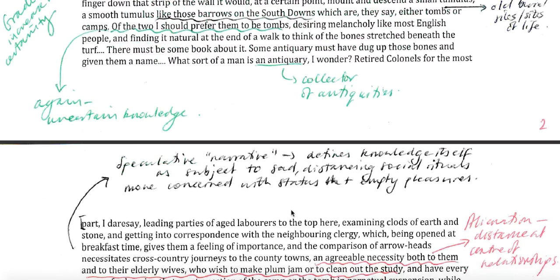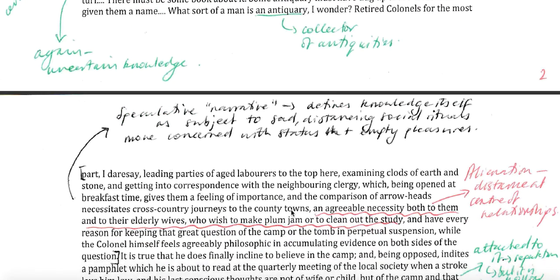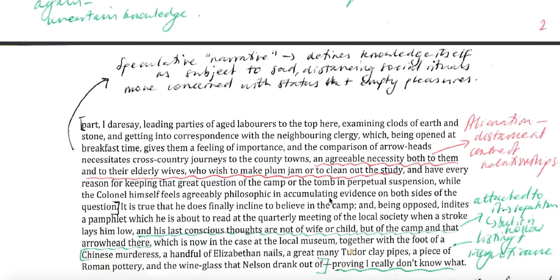And it crops up again here. This is a speculation about what these retired generals will end up doing. Things that are being done here purely for the sense of status and self-satisfaction, rather than for the pleasures that they involve and their engagement with the activities. And we see this here.